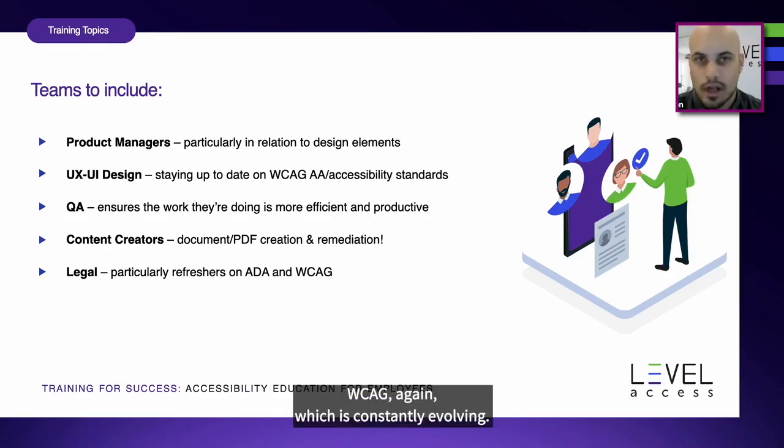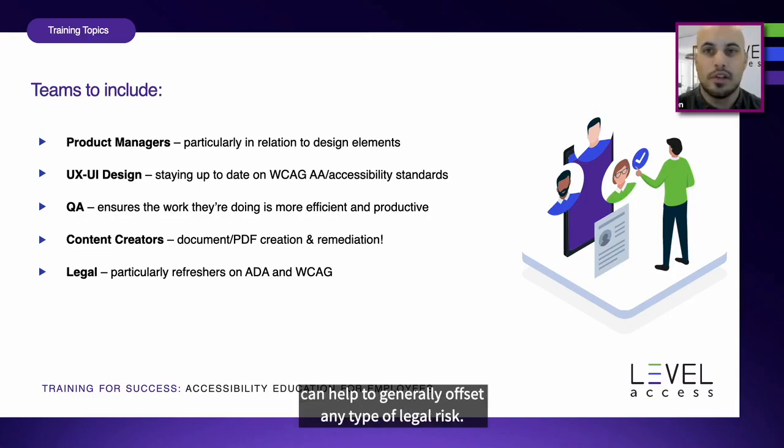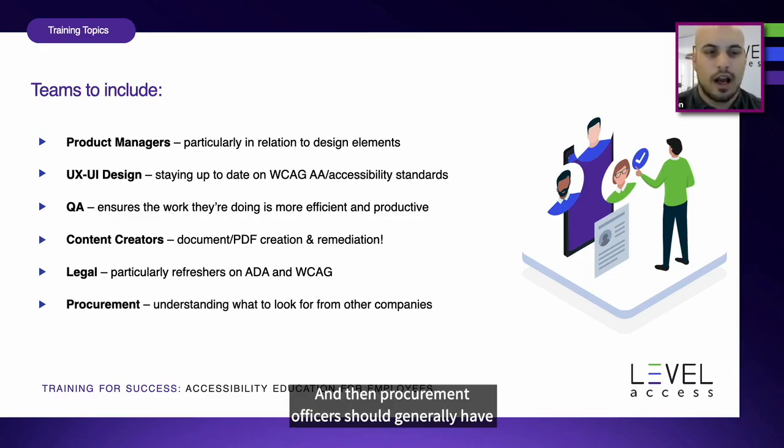WCAG, again, is constantly evolving. Putting in place robust accessibility policies and training programs can help to generally offset any type of legal risk. And then procurement officers should generally have a good understanding of what to look for from other companies when they're procuring software or any other third-party tools, right?